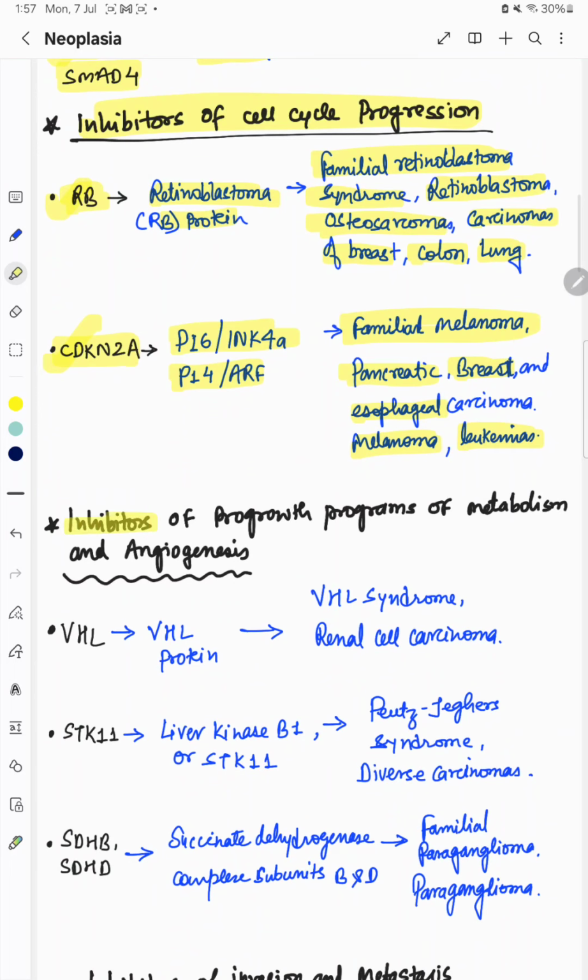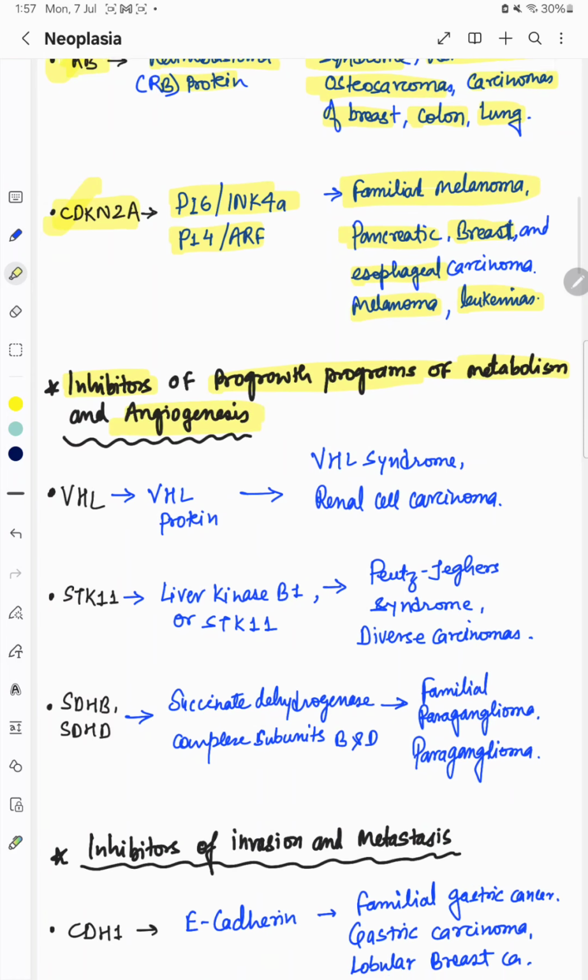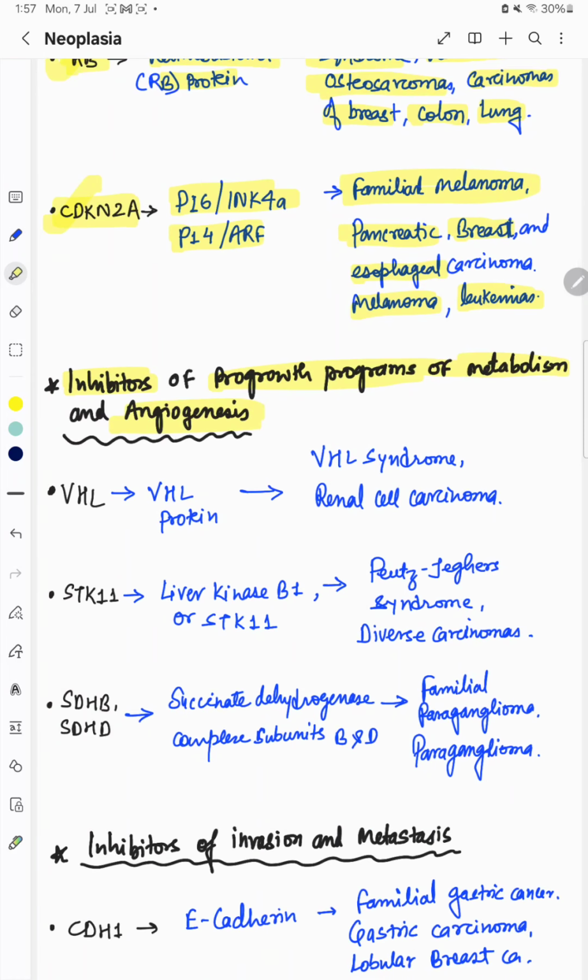Third category is inhibitors of pro-growth programs of metabolism and angiogenesis. As we know, the metabolism is altered in a cancer cell and they require angiogenesis, so more and more blood vessels supply nutrients for cell growth. So von Hippel-Lindau VHL gene encodes the VHL protein. Mutation of this gene will result in von Hippel-Lindau syndrome, renal cell carcinoma.